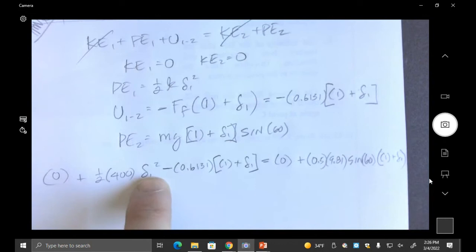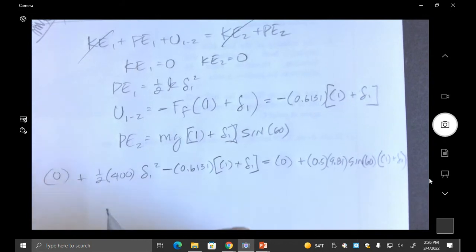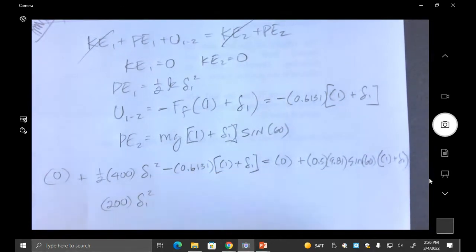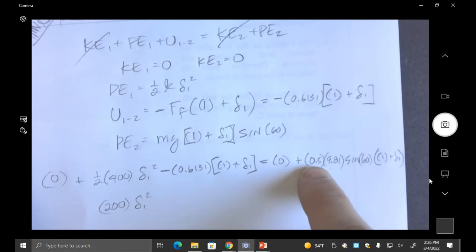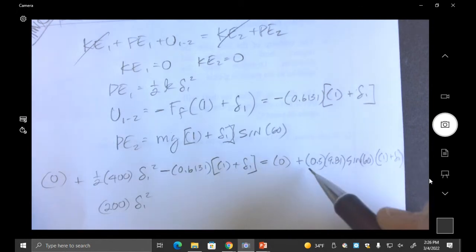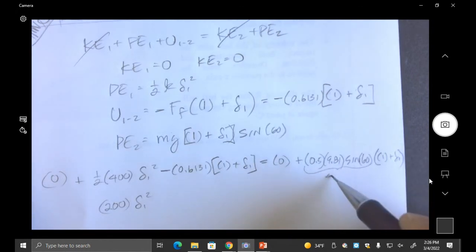And what we're going to find, we're going to get a quadratic, right? So 200 del 1 squared, and we'll get, let's say this one right here, 0.5, 9.81, and sine of 60, and 4.248.